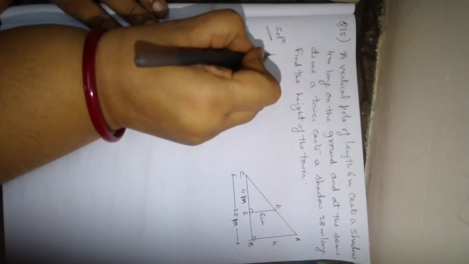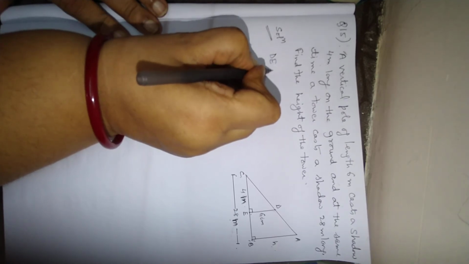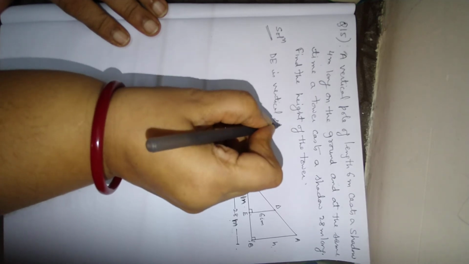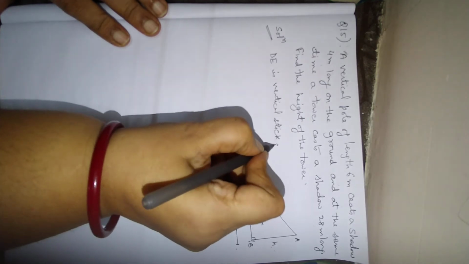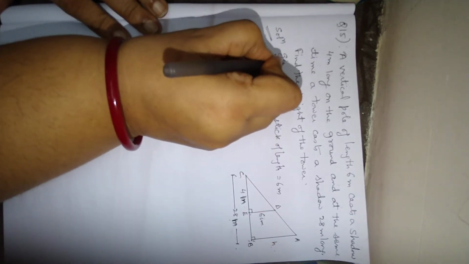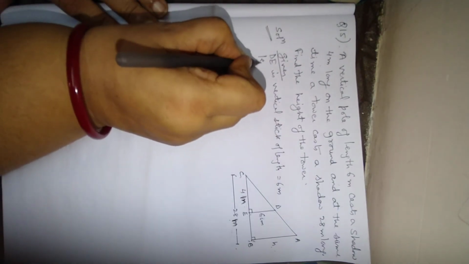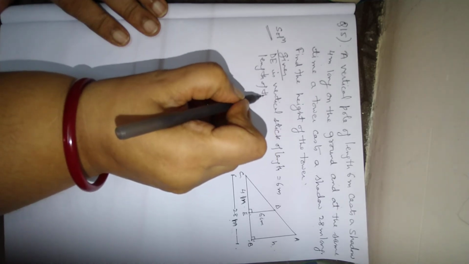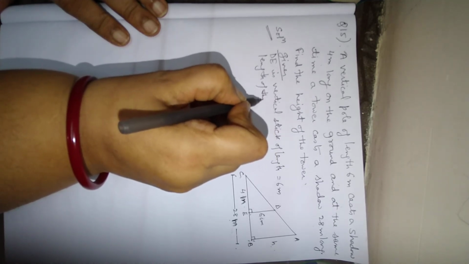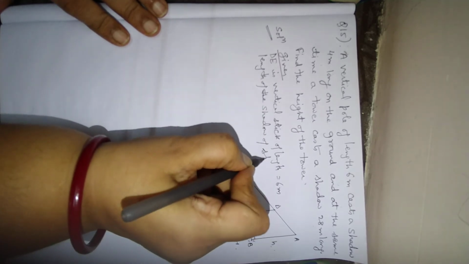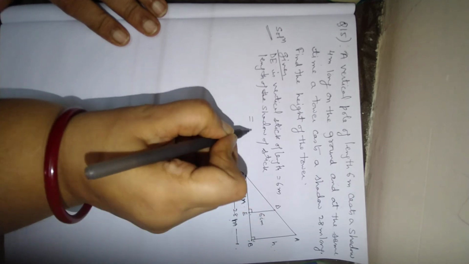So let us write here first. DE is the vertical stick of length 6 meter. This is given. And the length of the shadow of the stick is 4 meter.